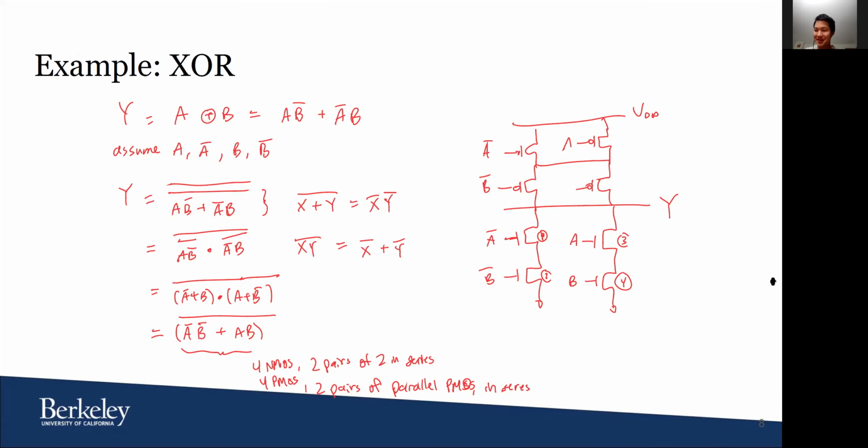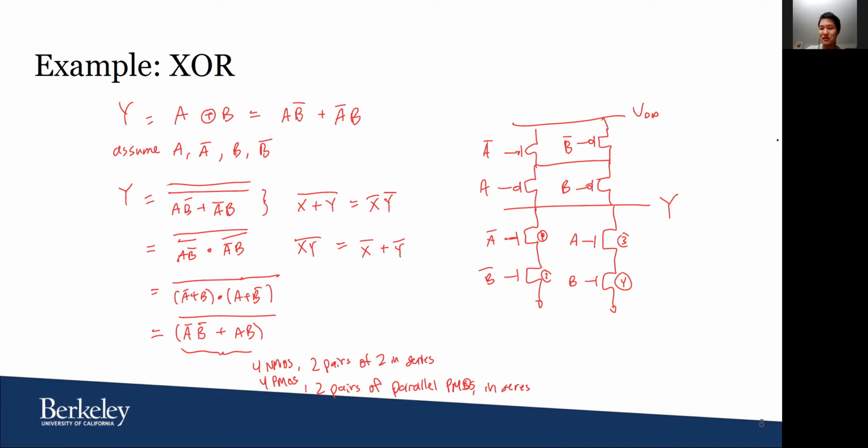Yeah, you are correct. You would have not A, not A, not B, B. Yes, not B and B. Yes, you're right, because the NMOS on the left here, that pair gets parallelized and then put on top, in series with the other path on the right. Okay. Thanks for calling out my mistake.